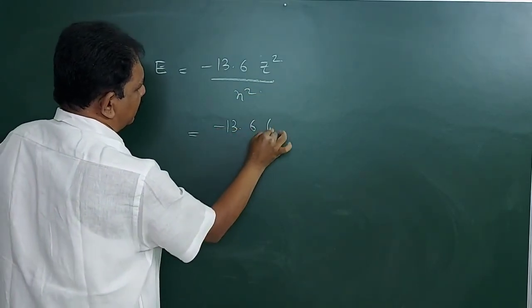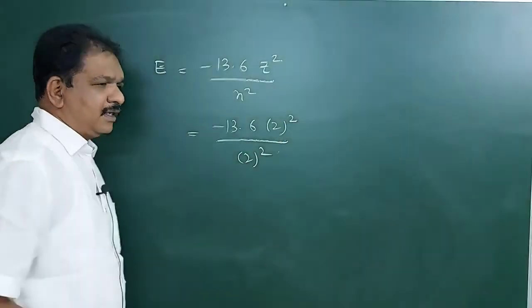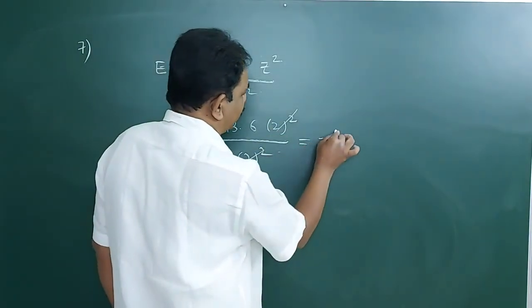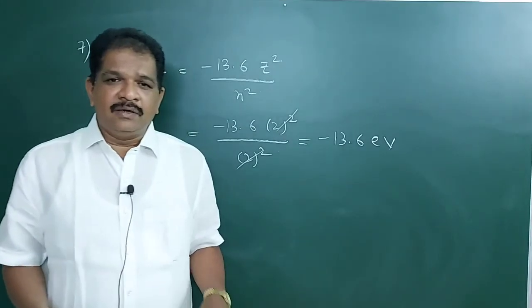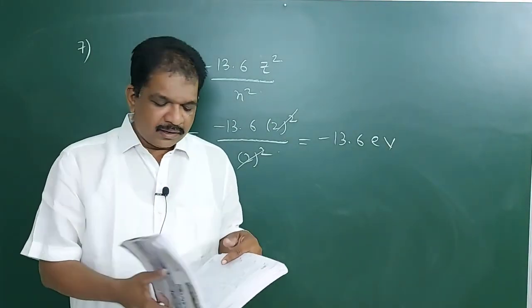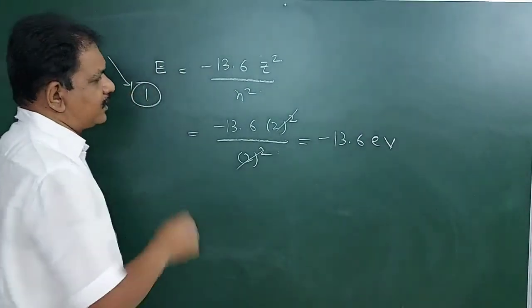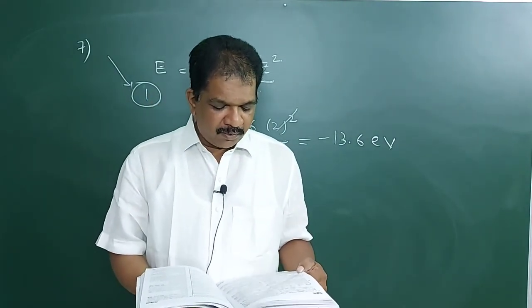Here for helium atom, Z will be 2. First excited state means n is equal to 2. This 2 will cancel. This is minus 13.6 electron volt. So the seventh question, it will be the first option.